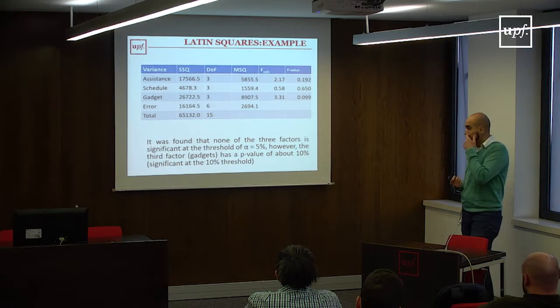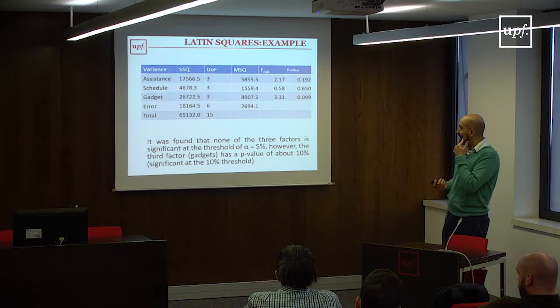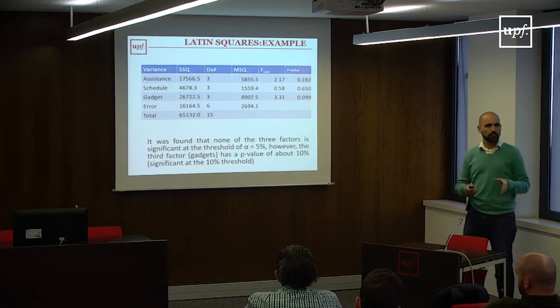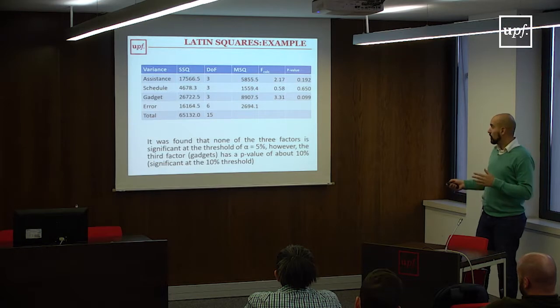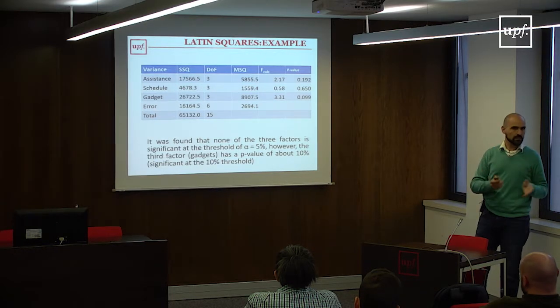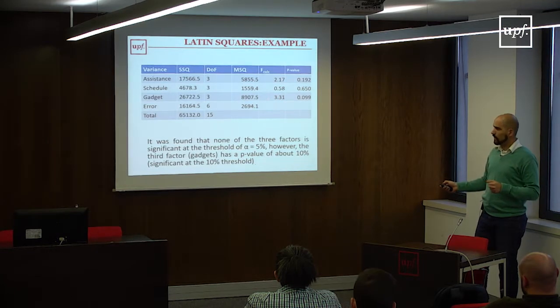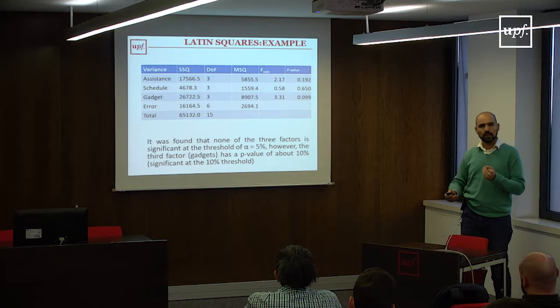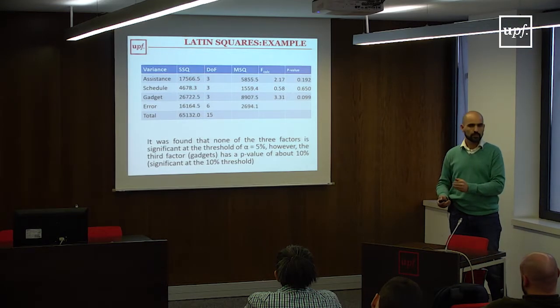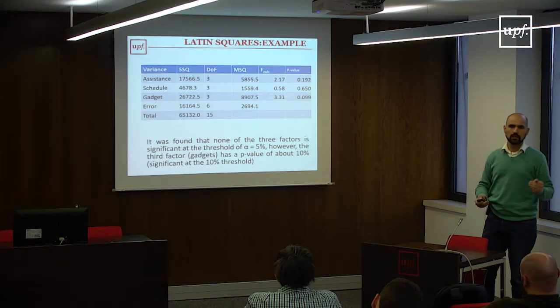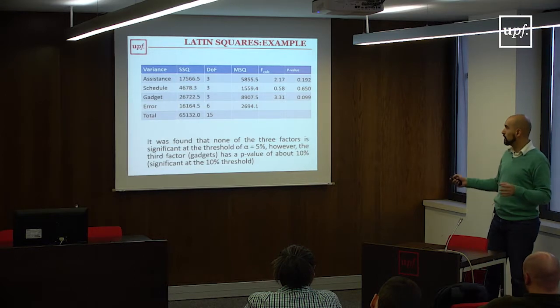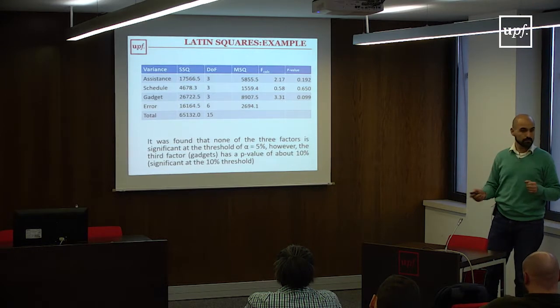Even if we still want to keep the error fixed at 5%, we have some more information saying, okay, none of them is statistically significant, but one has more related variance than the others. So maybe this variance is still just related to error, but is bigger than the other two.